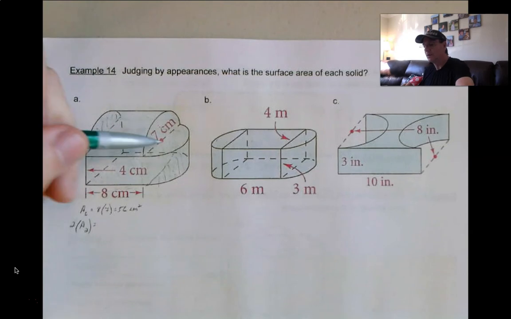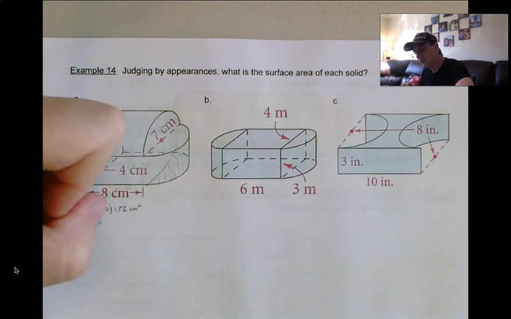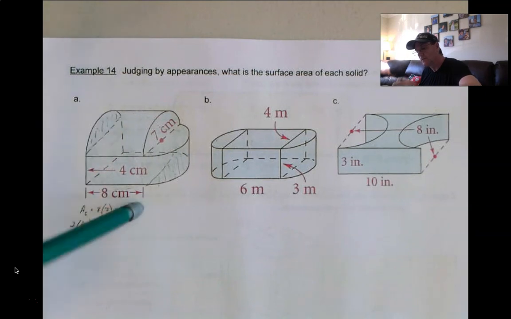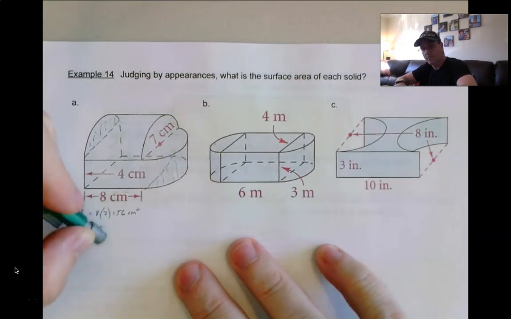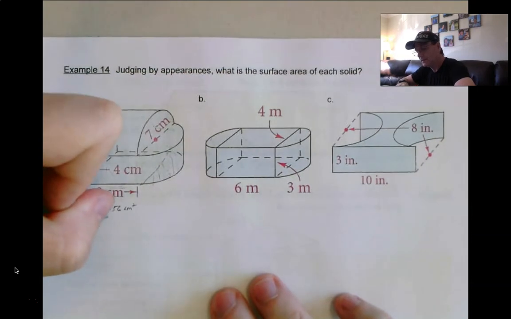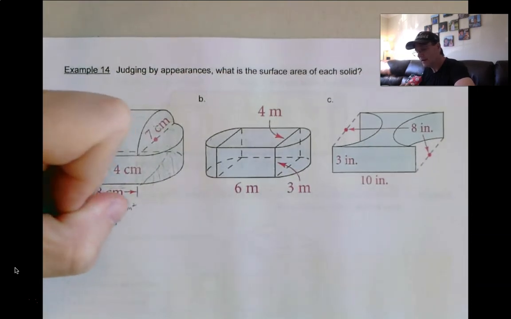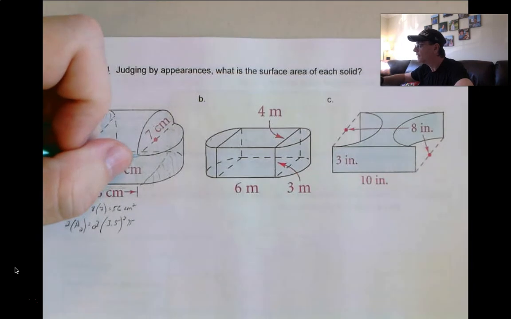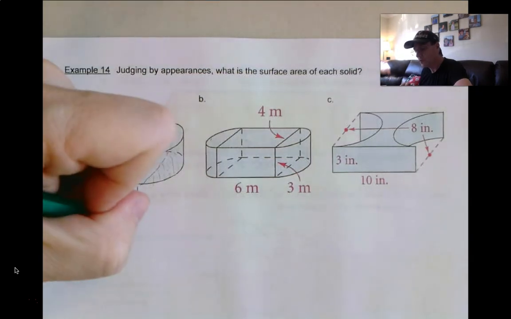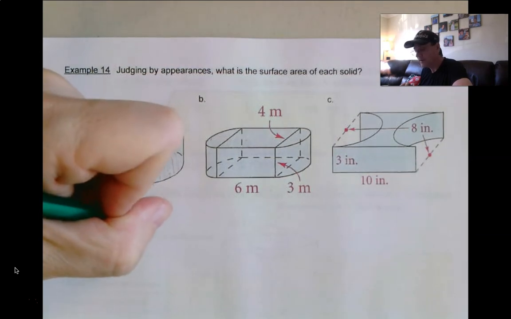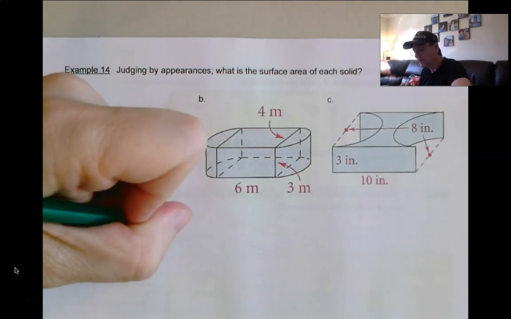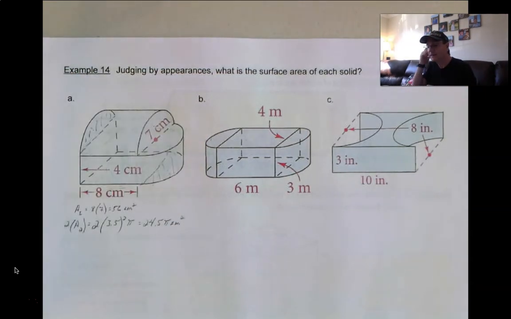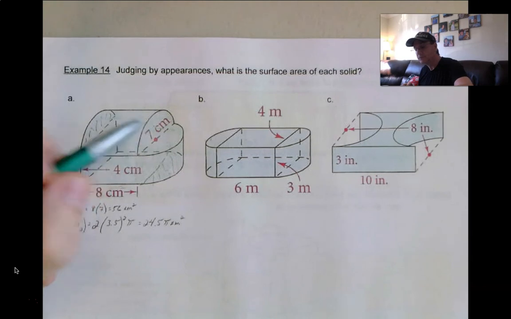Okay, so the radius is 3.5, so 2 times 3.5 squared pi, or 3.5 squared, 12.25 times 2 is 24.5 pi centimeters squared. So that's each of the semicircles.